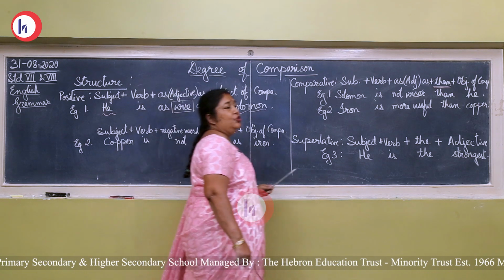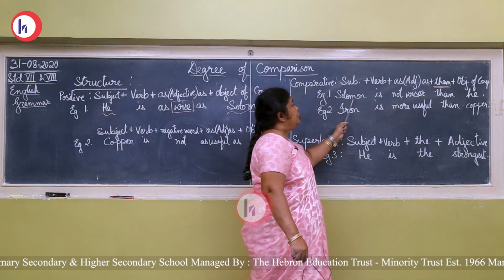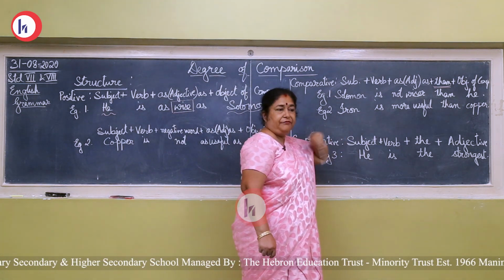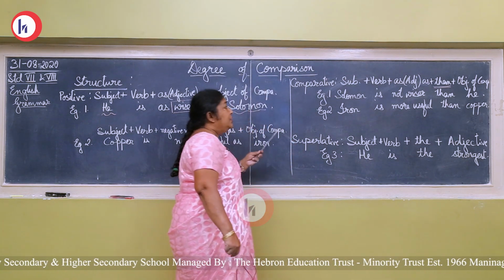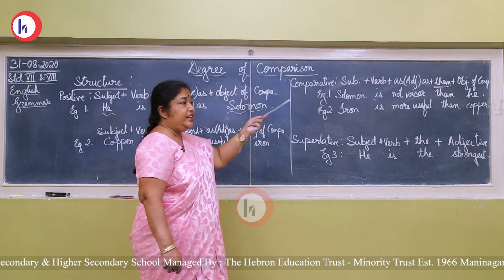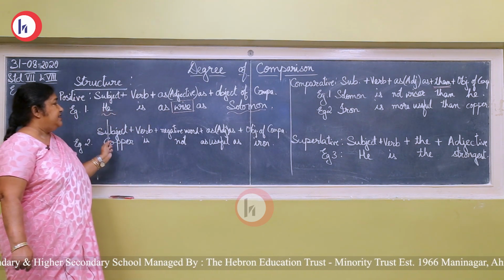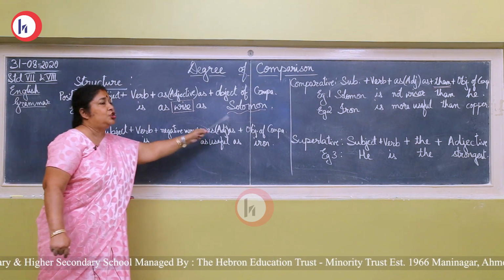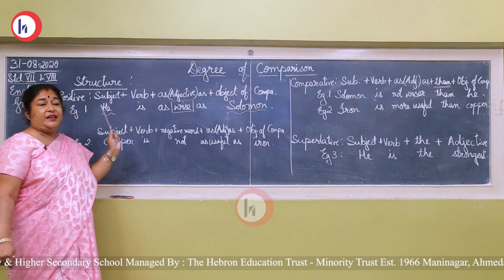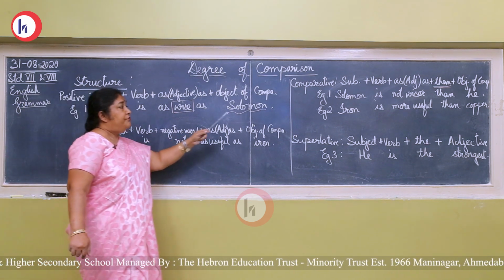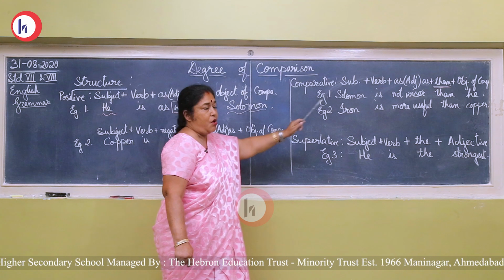If we don't write not, what will happen? If we write Solomon is wiser than he, then it becomes Solomon is wiser and he is not as wise as Solomon. But this sentence says he and Solomon are wise. Both are equally wise. So if we don't write not, it will go wrong.